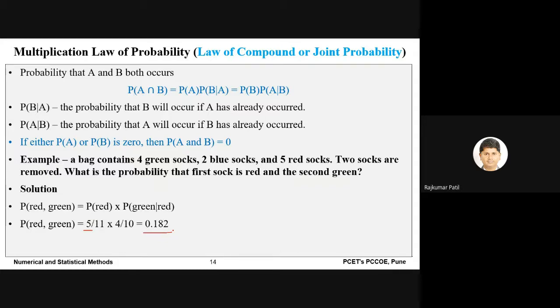When you simplify this, you will get the answer as 0.182. Once again I will repeat: the probability of getting the first sock as a red colored sock is 5 by 11, because there are 5 red socks and total socks are 11. In the second case, you are going to draw another sock, and the probability of the green color sock given that the first sock has red color: there are 4 green socks divided by, now, the total number of available socks, which is 10 because we already drew one sock.